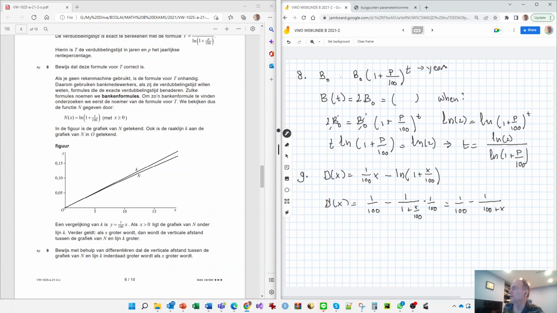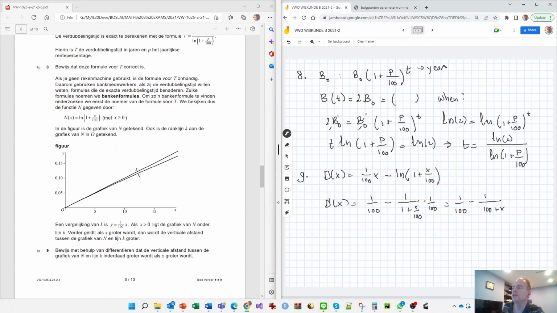Well, yeah, if x becomes large, actually this whole term goes to 0. So as x becomes really large, this is just 1 over 100. But in general, when x is larger than 0, this slope is always positive.